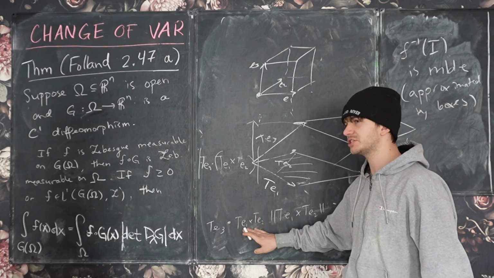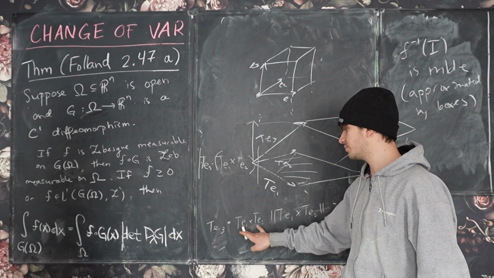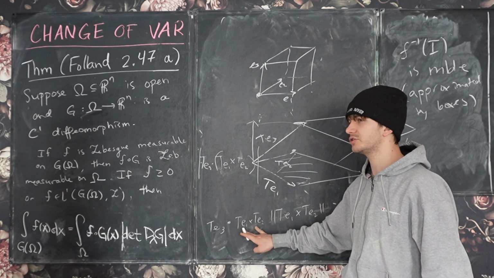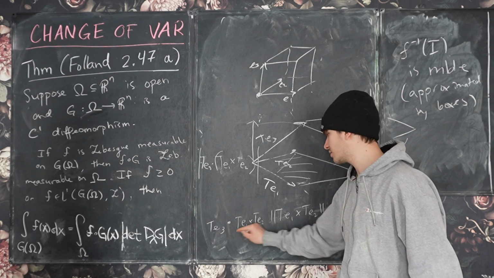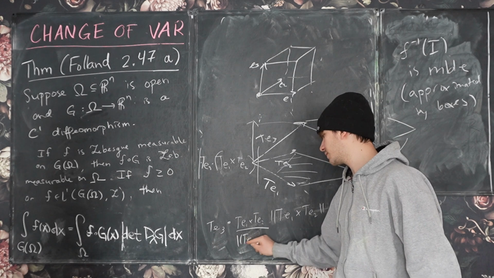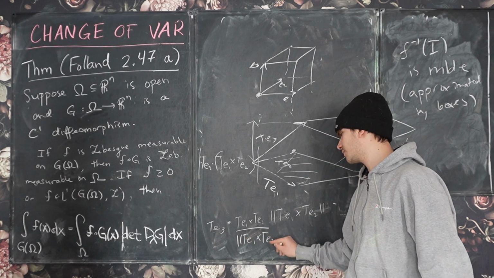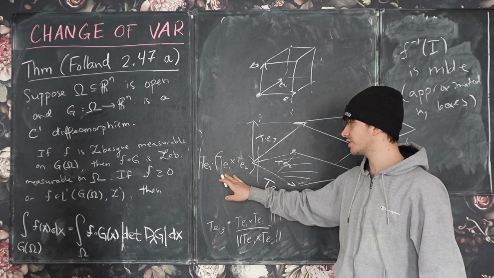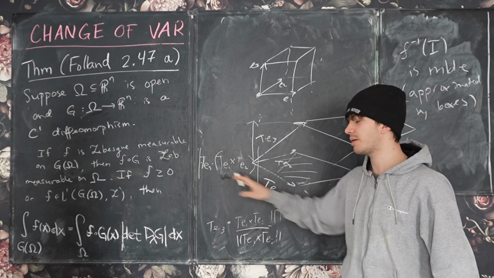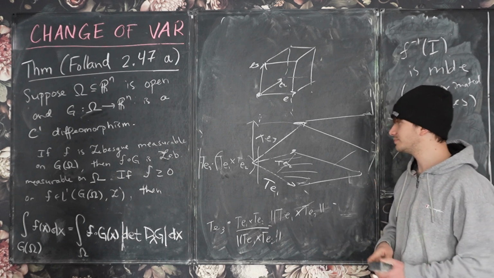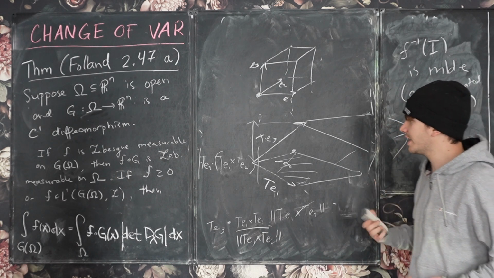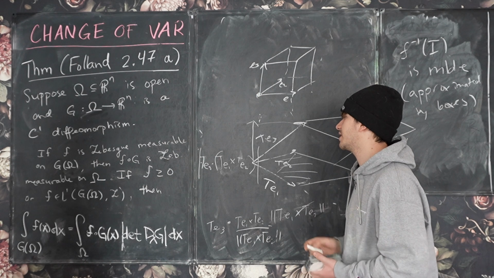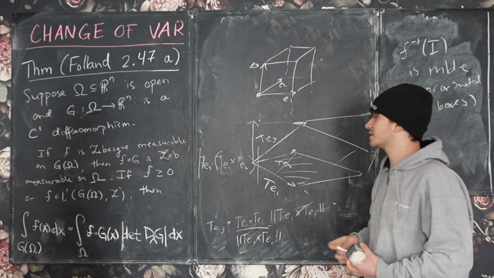For the projection to work, I need to make sure that the vector I'm projecting onto is of unit length, so I divide by the magnitude of TE1 cross TE2. Then you can see this cancellation here, and you recover exactly the formula that you came up with for the volume, right? All right. Now, let me ask you a different question, because this is going to be important.